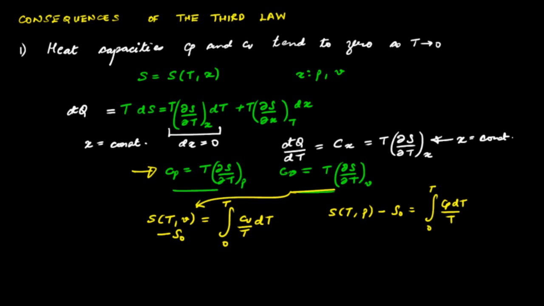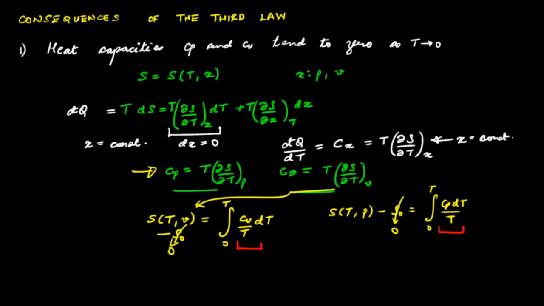And what we can do is, by following the convention, we can set the value of S naught to be 0 so that we normalize the values of entropy. Now, note that in the integrand, the absolute temperature is in the denominator.